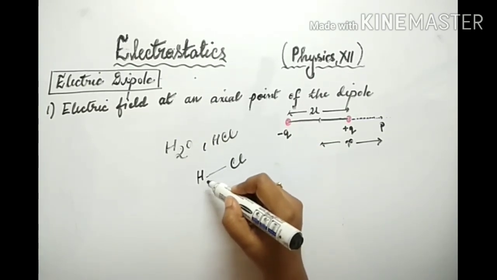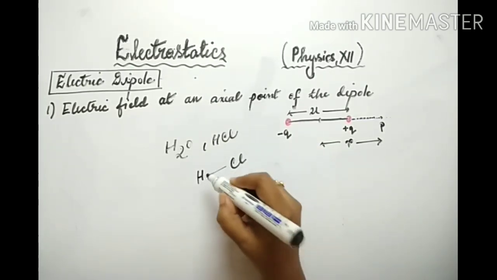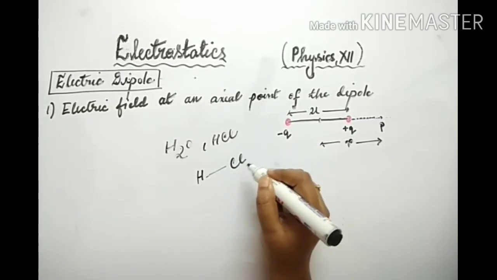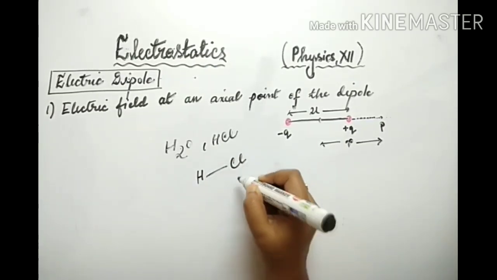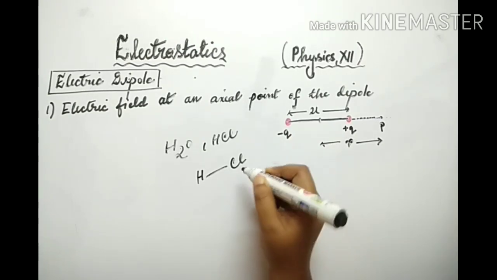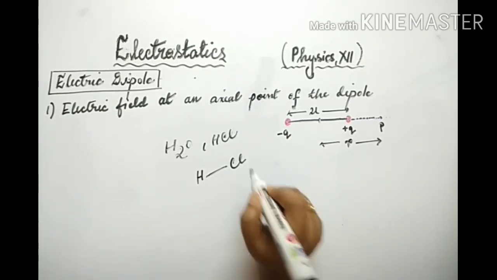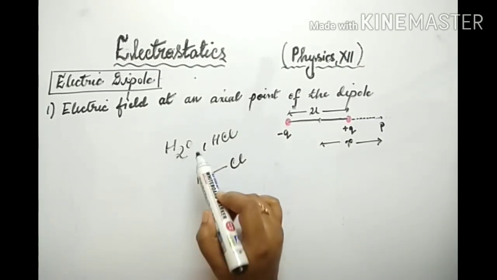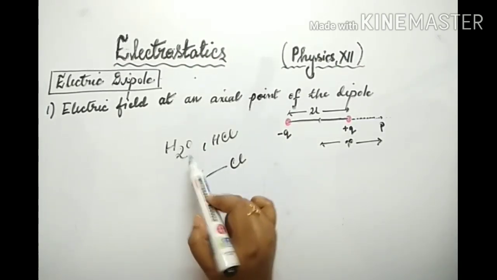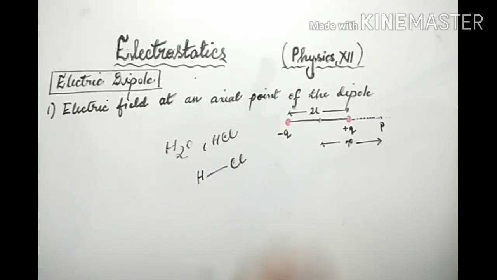H has plus 1 charge, suppose, and Cl has minus 1 charge, and these two are separated by a distance, so that means it represents an electric dipole. Similarly in H2O, H has the positive center and O is the negative center, and these two are separated by a distance, so this also represents an electric dipole.